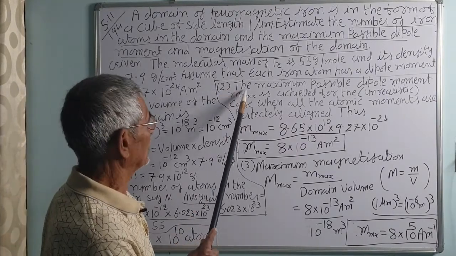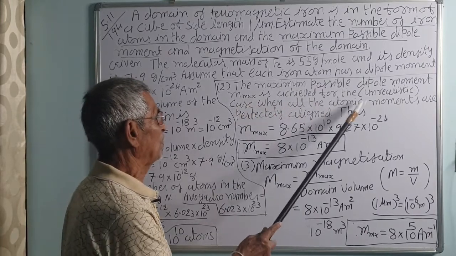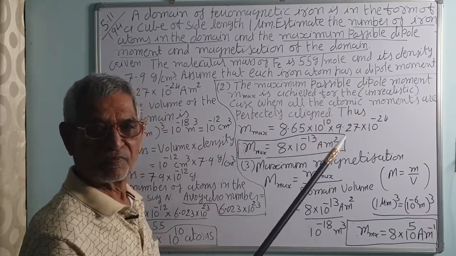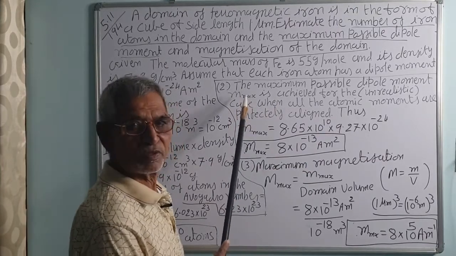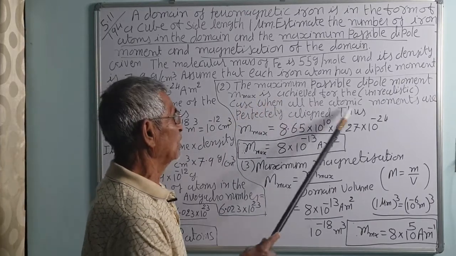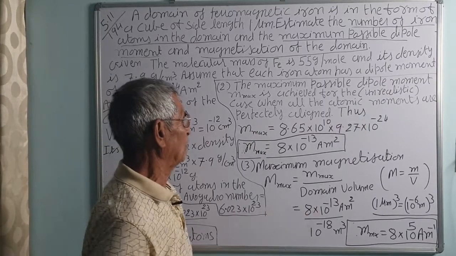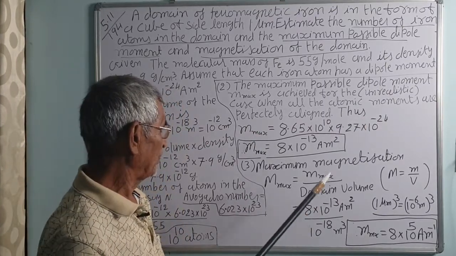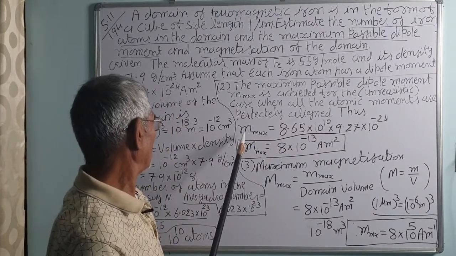Answer to the next question. The maximum possible dipole moment, that is m maximum, is achieved, though not actually obtainable, but suppose we want to calculate, in the case when all atomic moments are perfectly aligned in the direction of the magnetic field, correct? That will give rise to the maximum magnetic dipole moment.